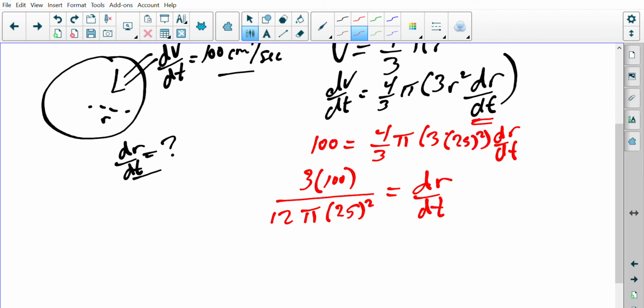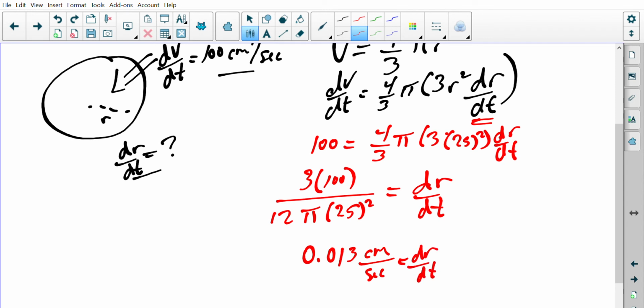Make sure you put your whole denominator in brackets when you divide by multiple factors down there. And that will give me 0.013, and this would be in centimeters per second. And that would be the rate at which the radius of this balloon is changing.